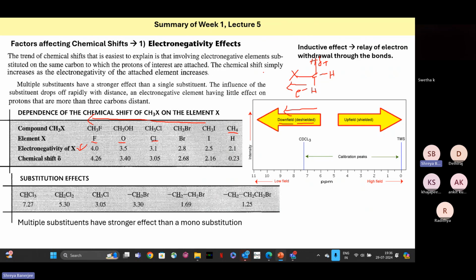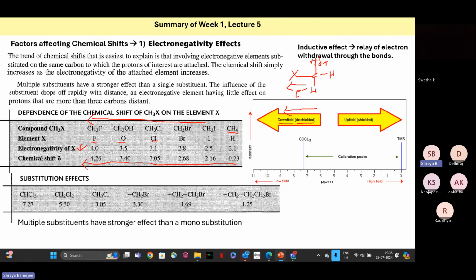As the electronegativity is increasing, electron density along the hydrogen is reducing. And because electron density along hydrogen is reducing, the chemical shift is increasing. You can see in methane it was only 0.3. The chemical shift delta increases to 4.26 in case of fluoromethane.